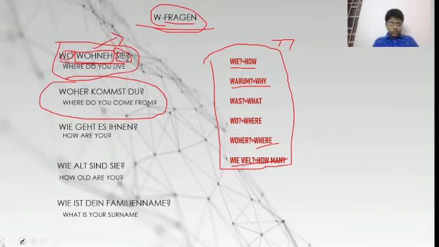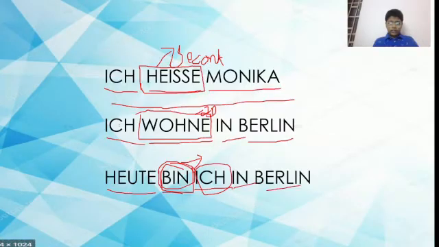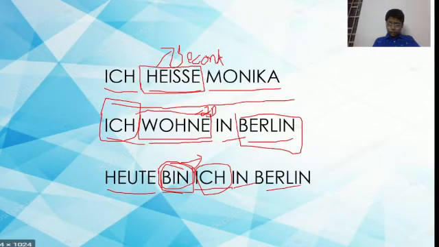I forgot to tell you one thing here. In here, this is the subject and this is the object. And as there's a rule in German that the verb will always be in the second position, this is the subject and this is the object.